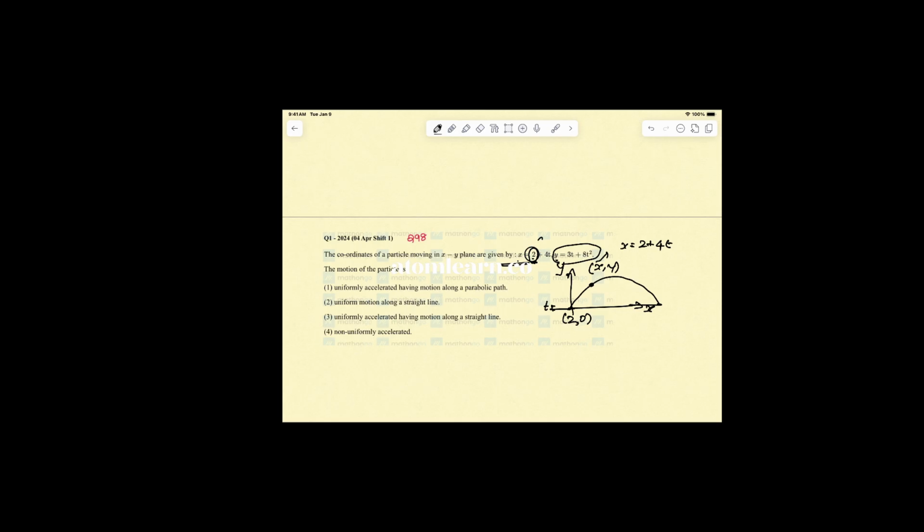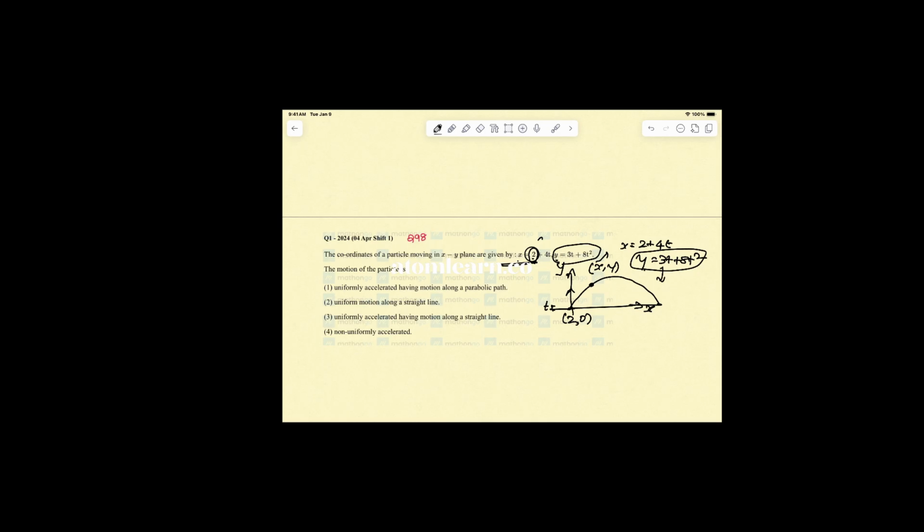Now x equal to 2 plus 4t, y equal to 3t plus 8t squared. Obviously this conforms to the familiar ut plus half at squared format, which means the initial velocity in the vertical direction is 3, whereas the 8t squared actually gives you the acceleration along the vertical direction.